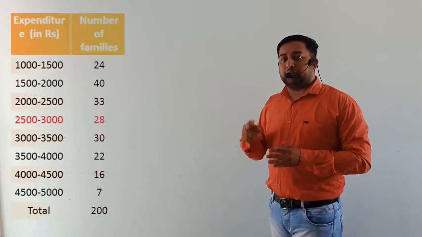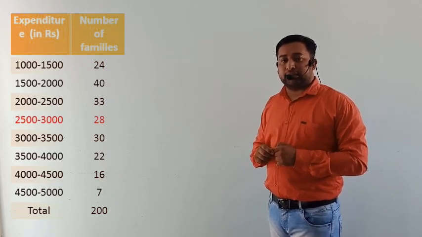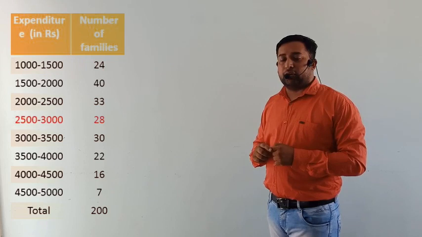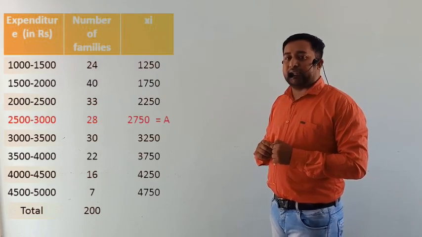You have been asked to find one more thing, which is mean. In the last sum, when you were asked to find mean, I used the direct method. In this sum, I am using the step deviation method, so you can revise your things. Here in the step deviation method, your first two columns will be the same as given in the question, which is expenditure and number of families. The next one will be your midpoint, xi.